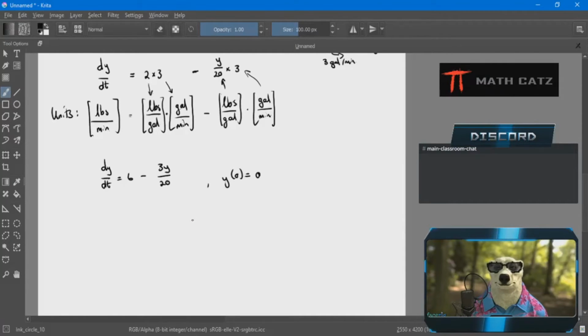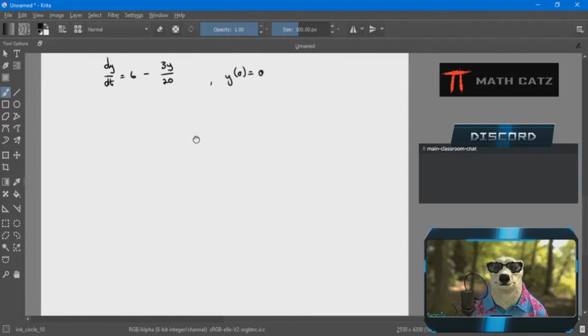Now this one, I guess you could argue, is a little bit more complicated in that I need to put these terms together because when I separate the variables, that can only be done with multiplication and division. So I can't just move the 3y over 20 to the other side. That's not how it's done. It doesn't work.